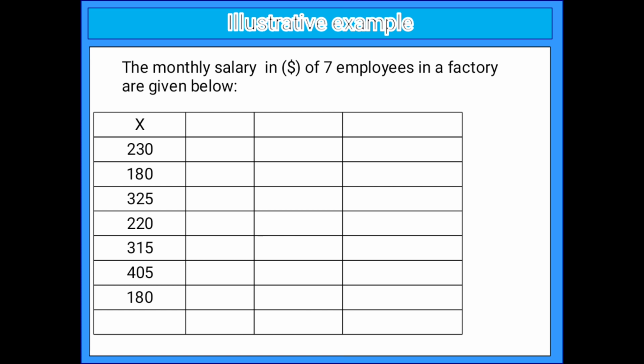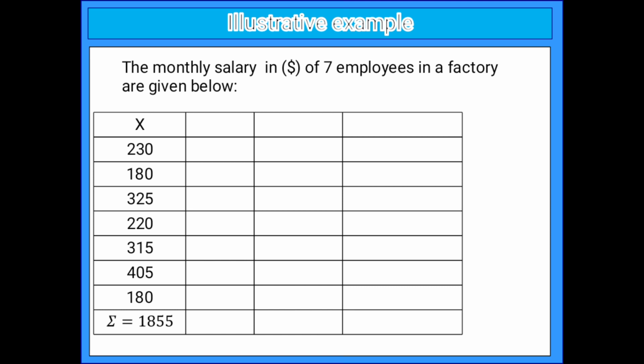The monthly salary in dollars of 7 employees in a factory are given below. So we have $230, $180, $325, $220, $315, $405, and $108. From this set of data, you can determine the summation or the total of it.